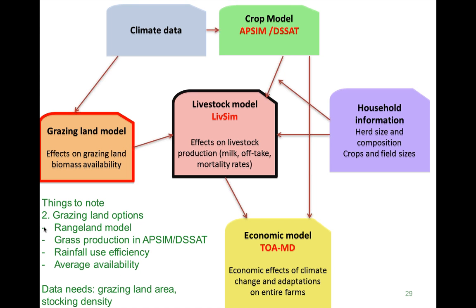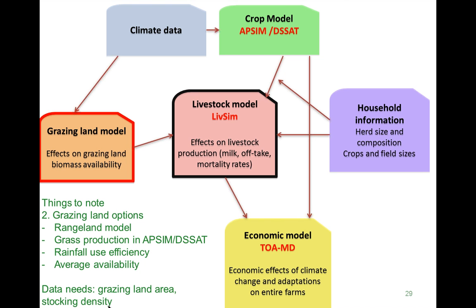The fourth option is just to take average availability of rangeland biomass. So 4 options, and I think the option you choose as a team really depends on the data and the knowledge that you have available on these grazing lands.